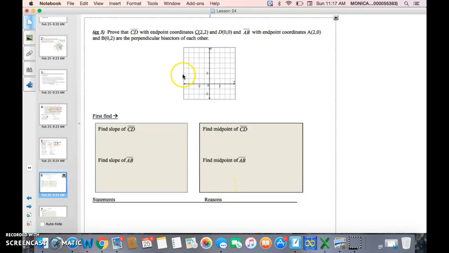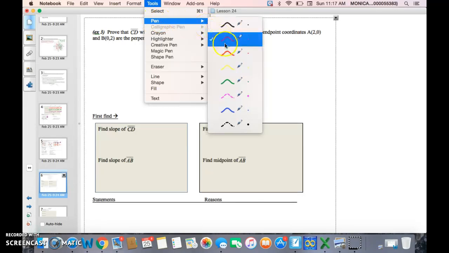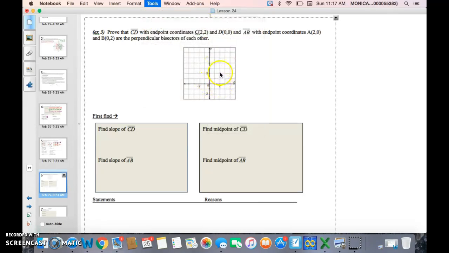Okay, so the first thing I'm going to do is graph CD, which is at 2, 2, and 0, 0. 2, 2 is here, 0, 0 is here.